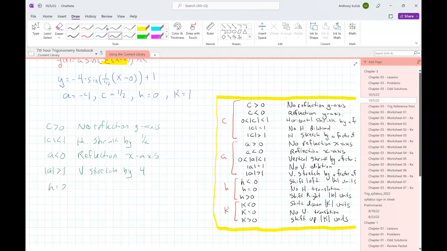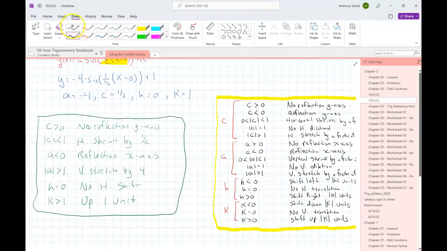Since h is 0, we have no horizontal shift. And since k is positive, we're moving up 1 unit. So there's my description.